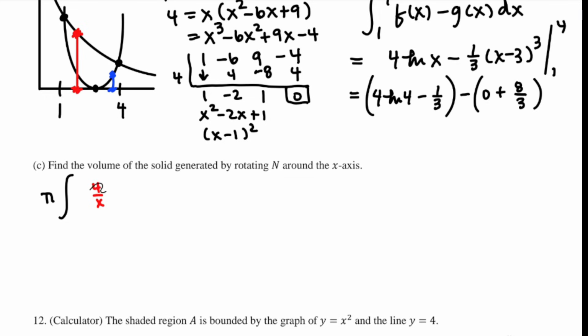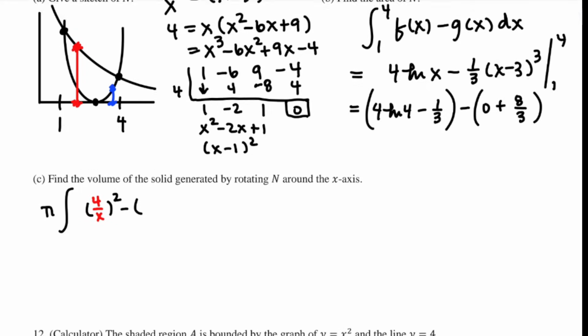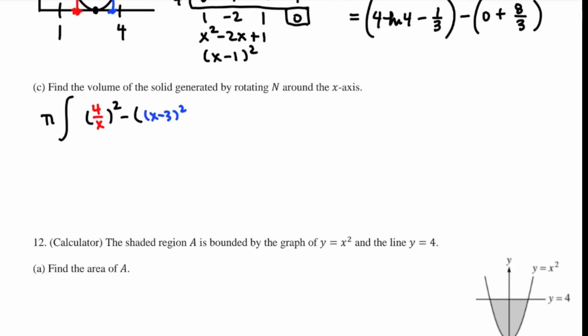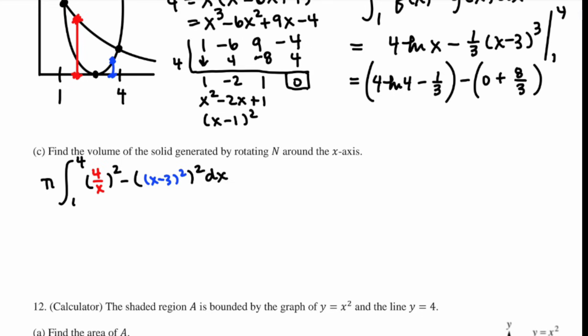Okay, pi times the integral of a squared minus b squared, where b is x minus 3. And it's b squared, so that also needs to get squared. And x is still going from 1 to 4, just like it was before. And then I'm going to square these things: 16x to the negative 2 minus x minus 3 to the 4th.